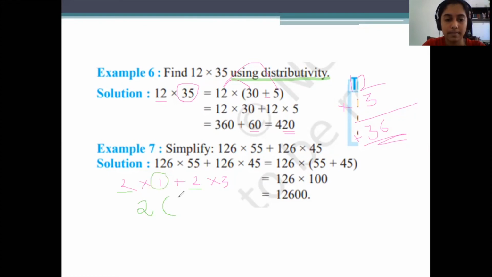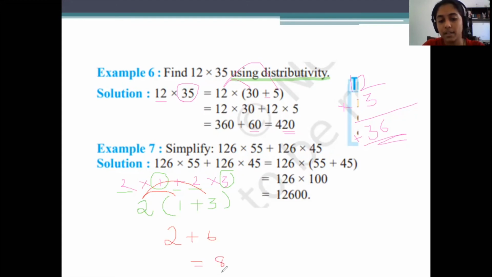You have 1 and then you have the plus sign. 2 over here is taken out, so you have 3 left. So 1 plus 3. And then you're going to use the distributive approach and you're going to multiply 2 with 1 plus 2 with 3. So what do you get? You get 2 plus 3 into 2, which is 6, which you get total as 8.